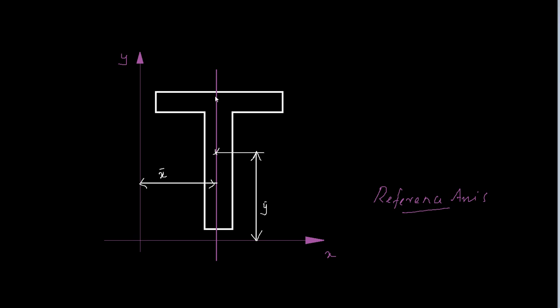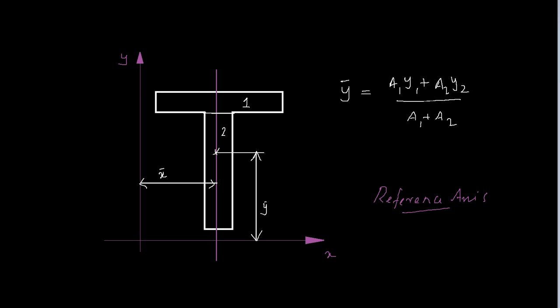So for that what you're going to do is just divide this body into two standard shapes. Let's divide it here, and let's call this area 1 and this area 2. Now your y bar is A1 y1 plus A2 y2 divided by A1 plus A2.